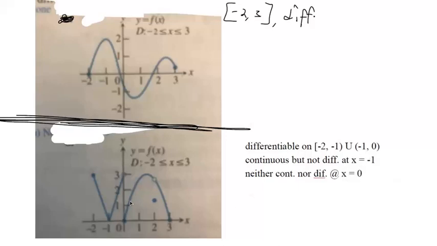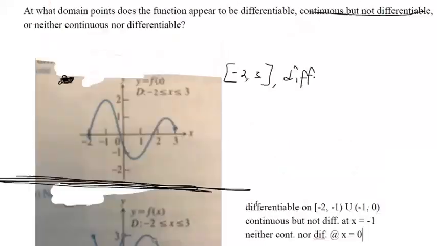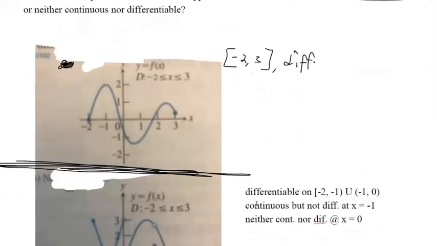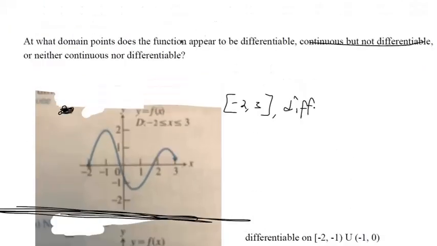Okay, and then continuous, differentiable. So no problems here. There's no sudden switches. But right here we have a problem. It's not continuous at x equals 2. Okay? For it to be differentiable, that's one of the conditions.